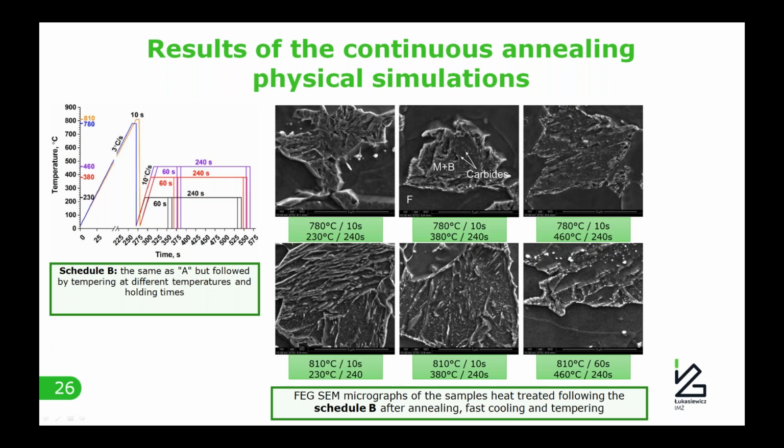It can be observed that single carbides precipitate in the martensite plus bainite islands. Initially, they are characterized by fine needle-like morphology. The process of carbide spheroidization in the martensite areas is intensified with an increase in the tempering temperature.